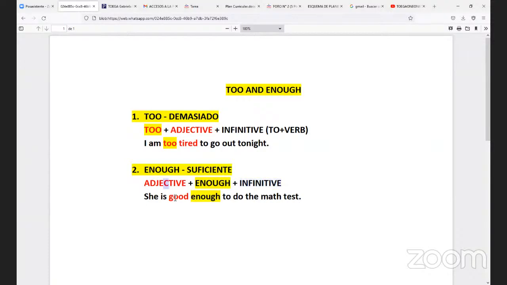She is good enough to do the math test. So it is like she is not 100% really, really good, and she is not so bad. So we can say that it's enough, like 50 or 70 percent of the normal way. Okay, so this is important about these two words.